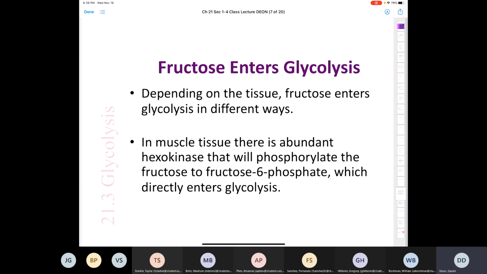So how does fructose get into glycolysis? Well, depending on where the fructose is, it's going to enter glycolysis in different ways. In the muscle, there's enough hexokinase that it's going to phosphorylate it directly to fructose 6-phosphate, F6P, an intermediate that goes right into glycolysis.